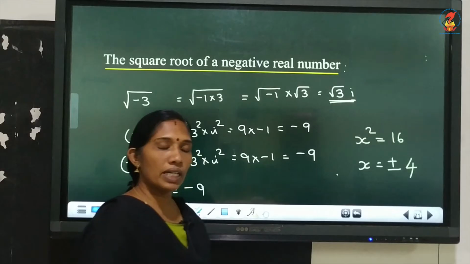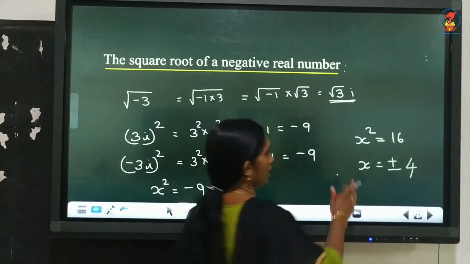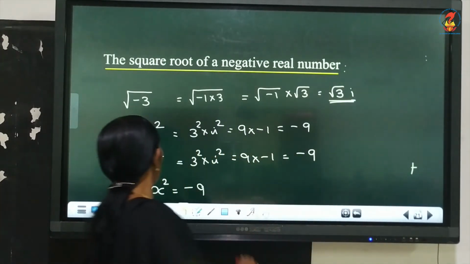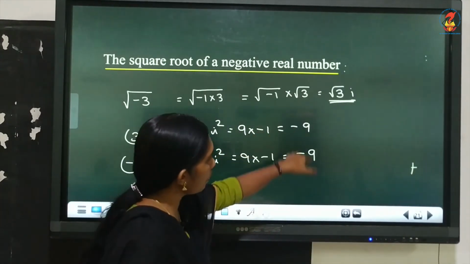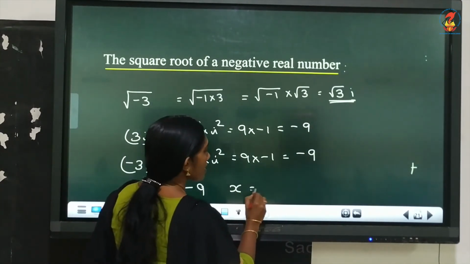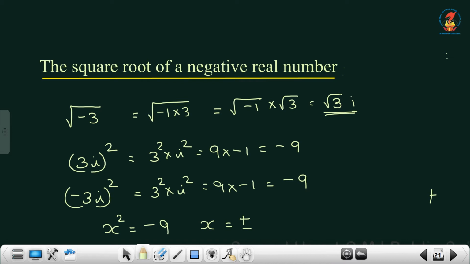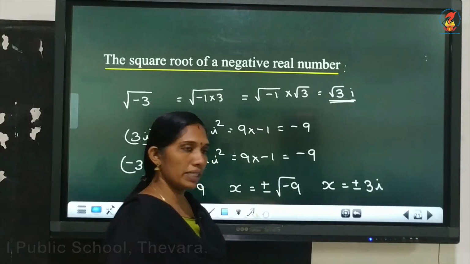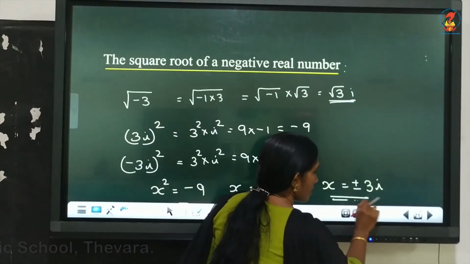Plus 4 square and minus 4 square gives 16. Like that, here if x square is equal to minus 9, then we can write x as plus or minus of this root of minus 9, or x as plus or minus 3i. Isn't it? 3i square gives minus 9, minus 3i square also gives minus 9. So, we can write like this.